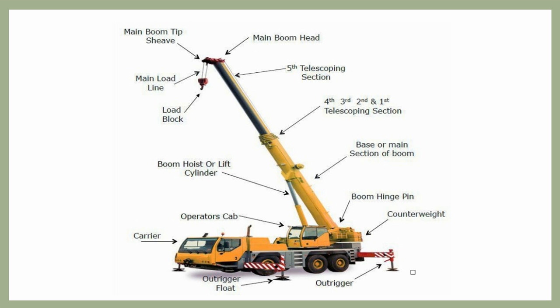This one is the outrigger. Here is the counterweight. This one is the boom hinge pin. Here is the operator's cabin. This one is the boom hoist or lifting cylinder. This one is the base or main section of the boom. This one is the fourth, third, second, and the first telescopic section.